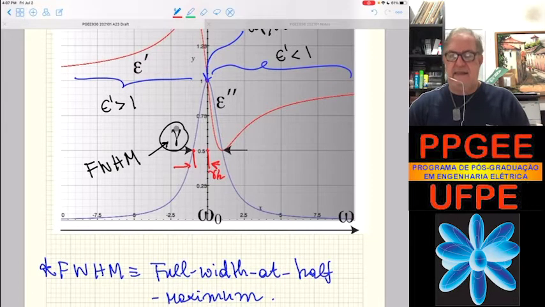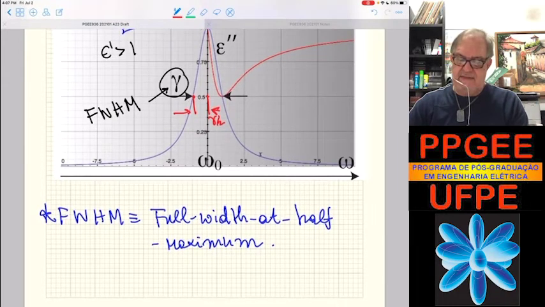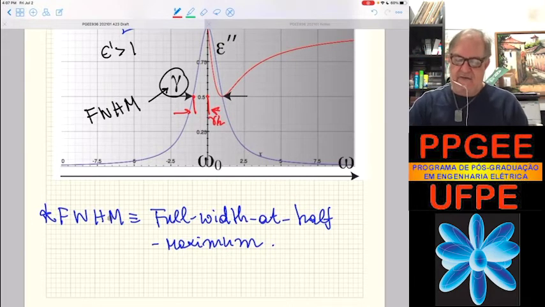The smaller this parameter is, the sharper the resonance effect is going to be. So this is called the full width at half maximum. This is a traditional acronym used when we talk about resonating systems: FWHM, full width at half maximum.